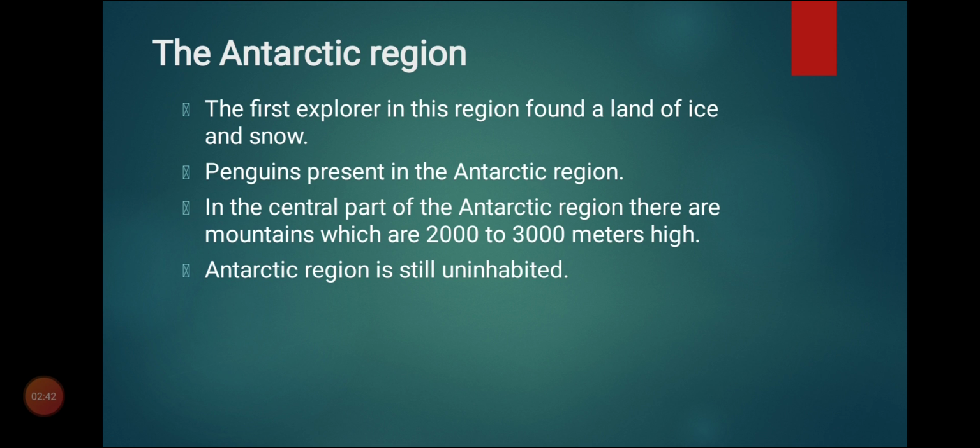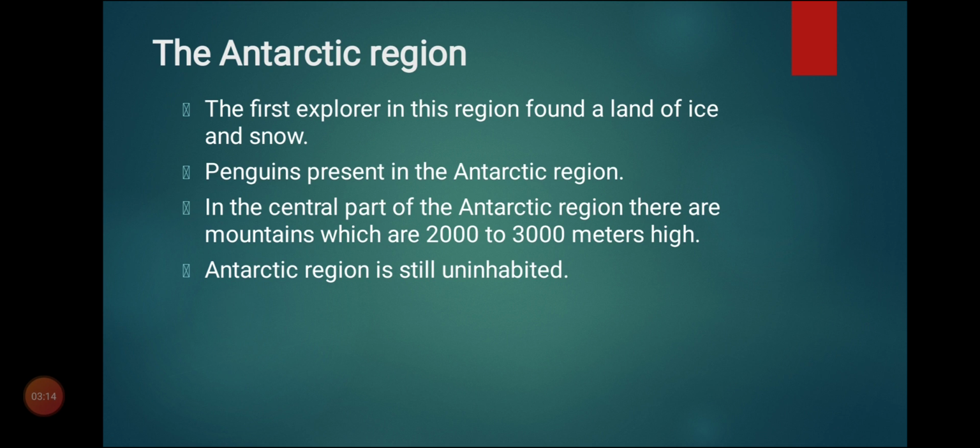This temperature is so low that the region is called the land of ice and snow. Penguins are present in the Antarctic region because they have the ability to survive in such a cold climate. That's why they can survive in the Antarctic region.